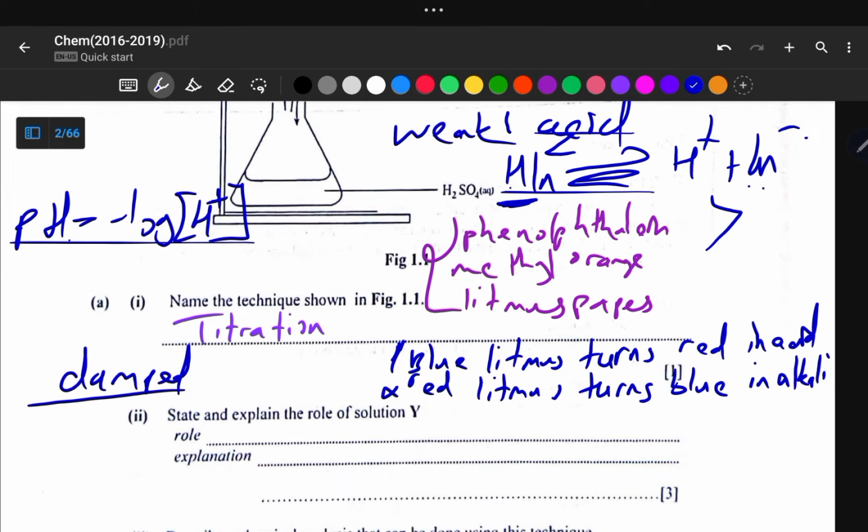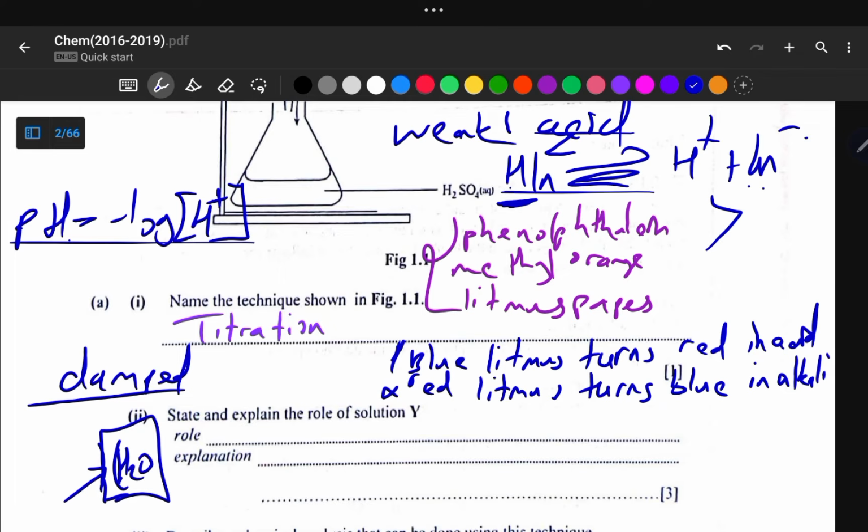Dry litmus paper doesn't create an environment for which the gases will absorb, right? The gases need to absorb on this medium so that they can be analyzed. So the gases absorb here on this litmus paper in moist condition. We need water to dissolve the gases. When the litmus paper is dry, the gases will not dissolve. So that's the reason why we need the litmus to be damped, right?